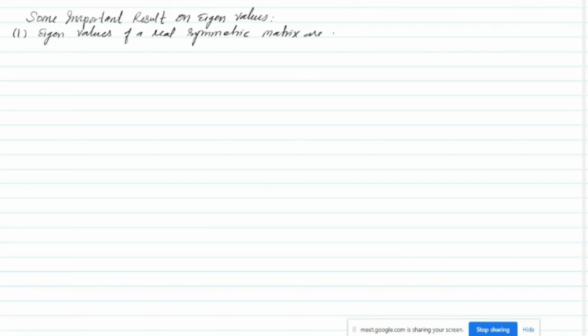are all real. So if any real symmetric matrix is given, the eigenvalues of that matrix are real numbers.